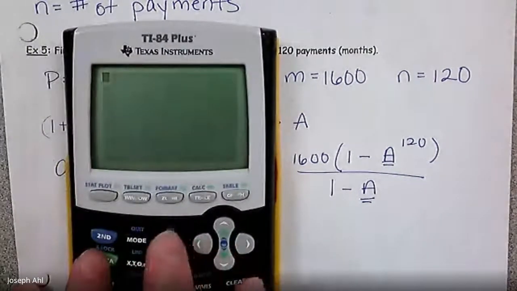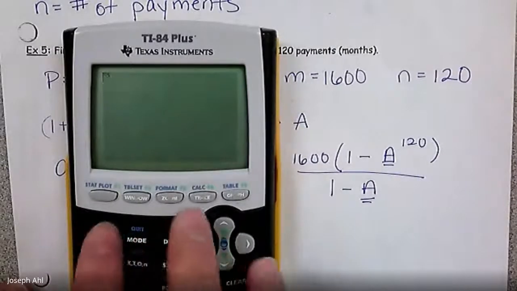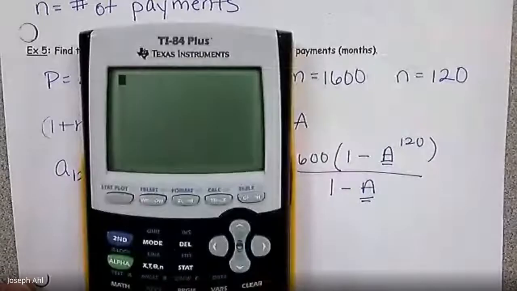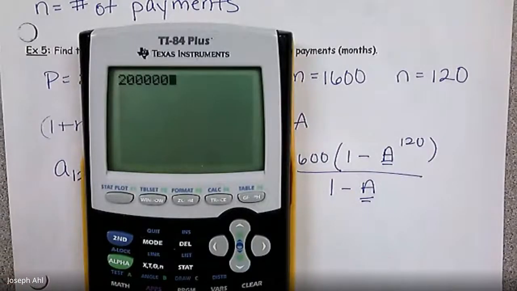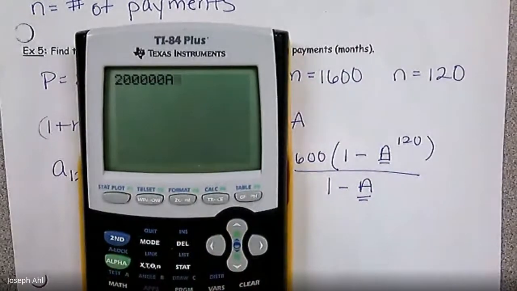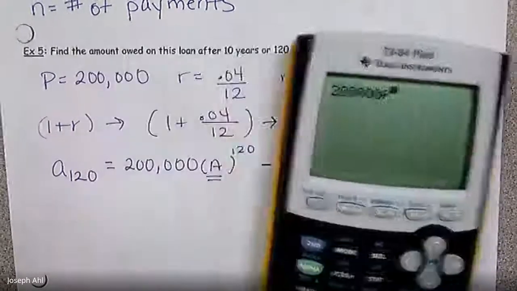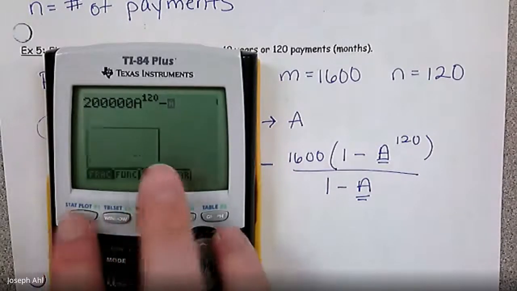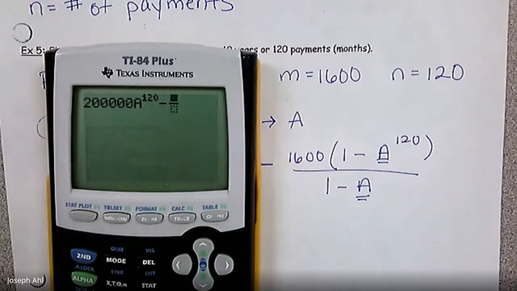Here's what I'm going to do. I'm going to do fancy fraction. Actually, not yet. Sorry, I don't have the fraction part yet. I have to type in this part first. 200,000 times A to the 120th power. Get down from the exponent, minus, now I'm going to do fancy fraction for the geometric series part.